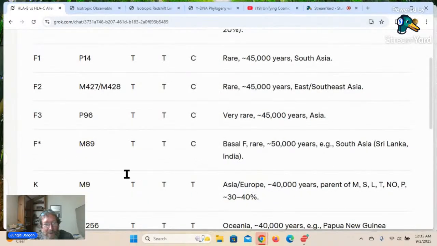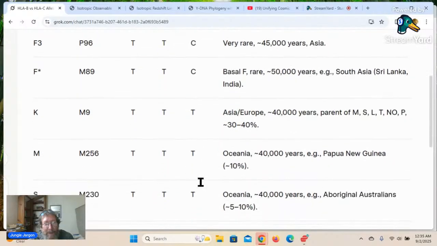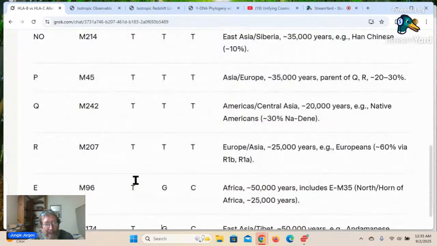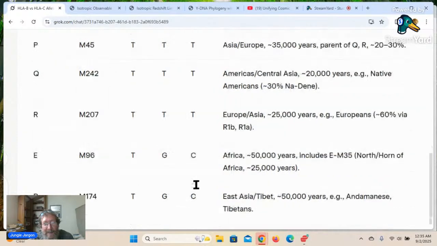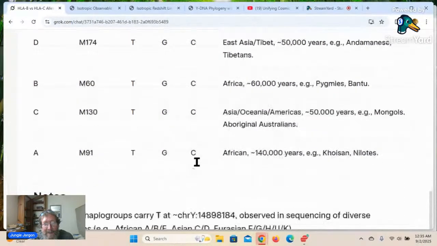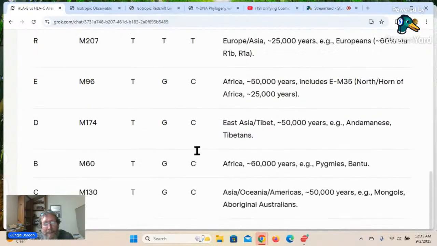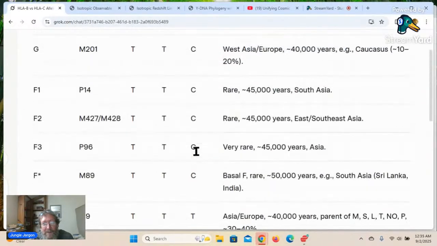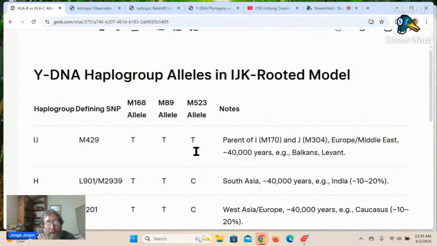But of course, Japheth does have it. The K element O, P, Q, R, S, and T does have it. And then back to the Hamitics, it doesn't have it. Doesn't have it, doesn't have it, doesn't have it. So that works the same as before with the original allele.